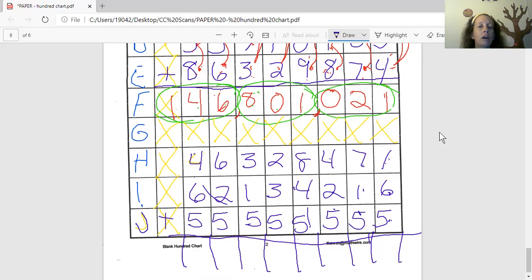8, then the 5, then the 4, yes ma'am. Rylan, these 3 numbers right here, which one's first? 5, then the 3, then the 2, yes ma'am. KJ, these 3 numbers right here, which one's first? 5, then the 3, then the, very good.